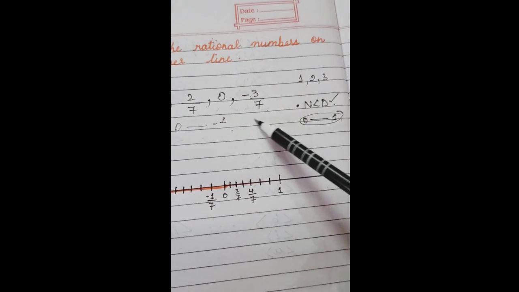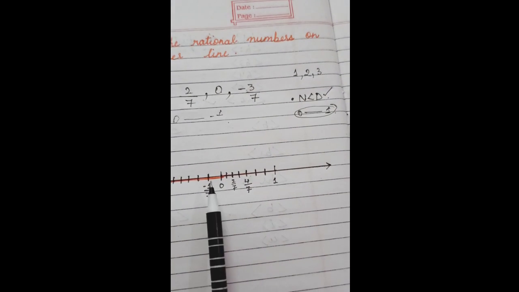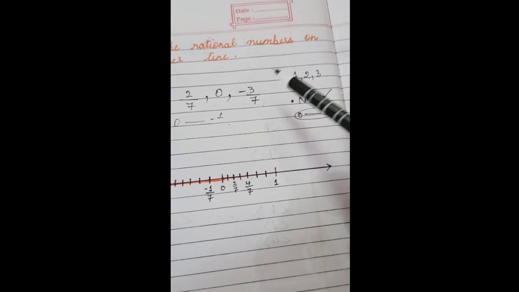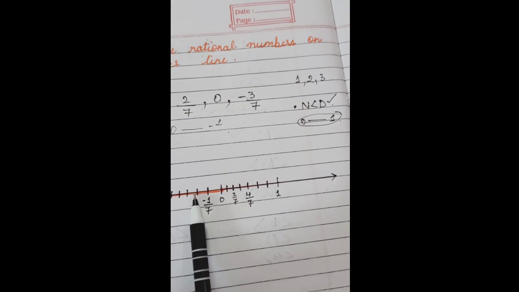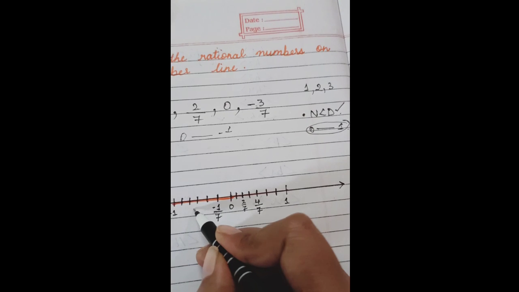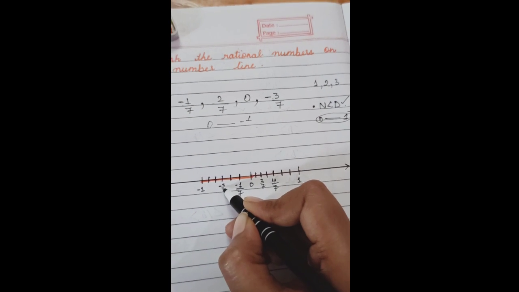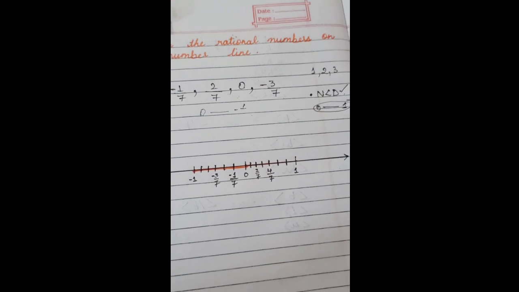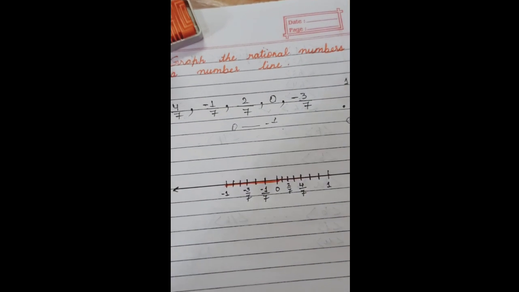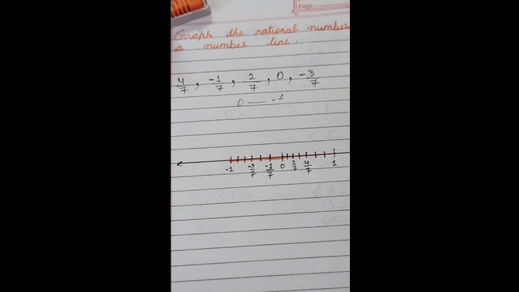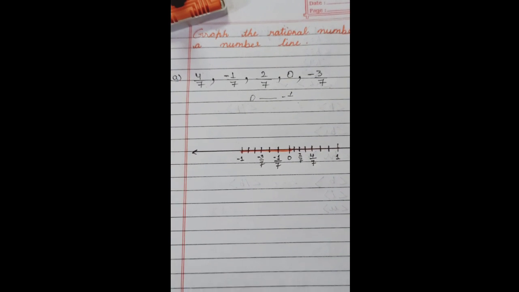This also lies between 0 and minus 1. Here the numerator is minus 3. So count 3. 1, 2, 3. This is minus 3 by 7. Understood? This is how we plot the rational numbers when numerator is less than denominator.